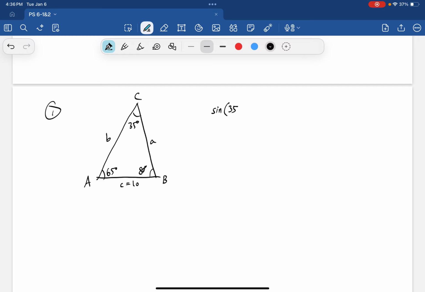So sine 35 over 10 equals sine 65 over A. So A is equal to 10 sine 65 over sine 35.